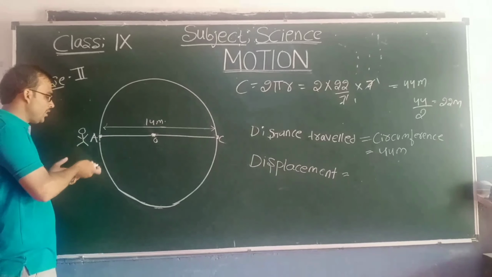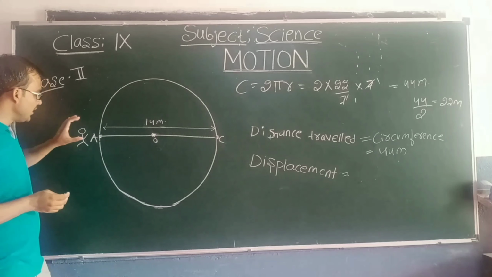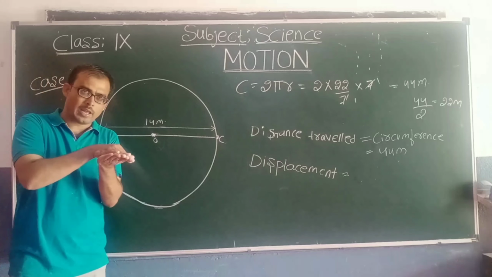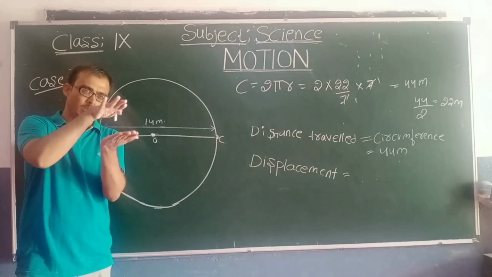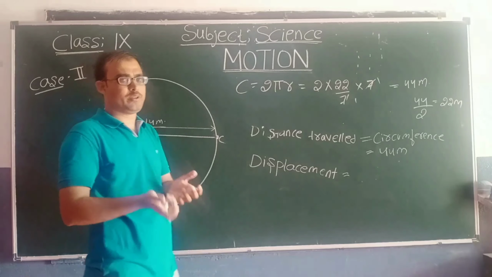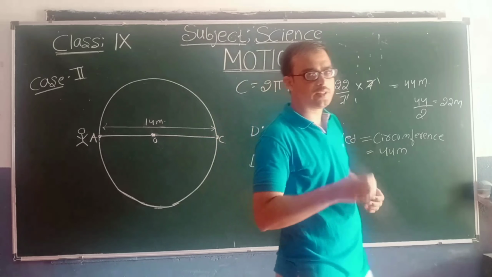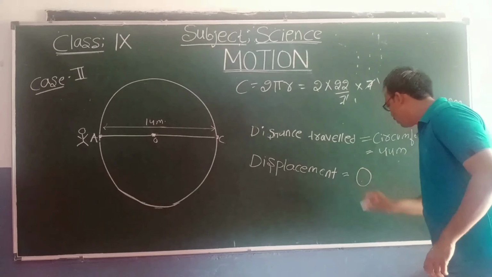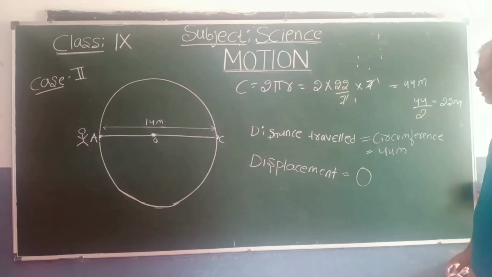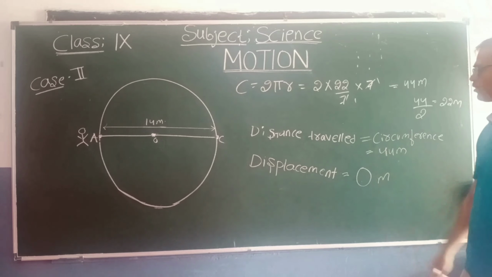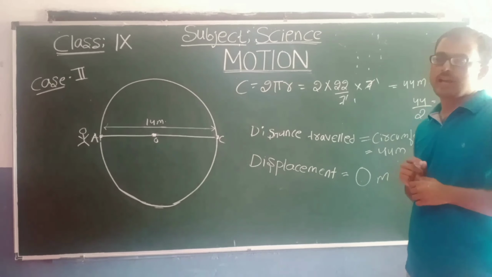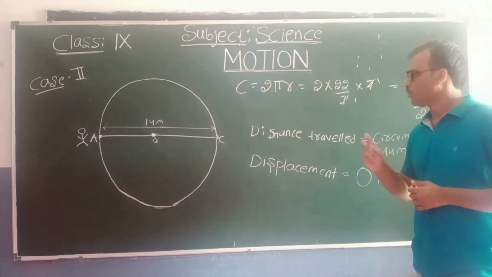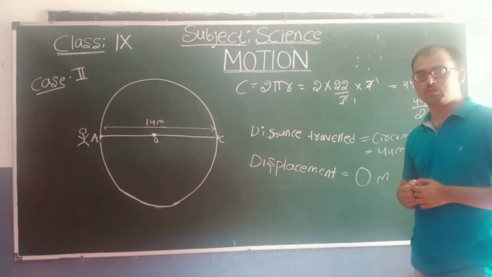There is no distance between A and A, because the initial point and final point overlap. So displacement is 0 meter. Remember, displacement can be 0 but not distance traveled. I hope you have understood these concepts.